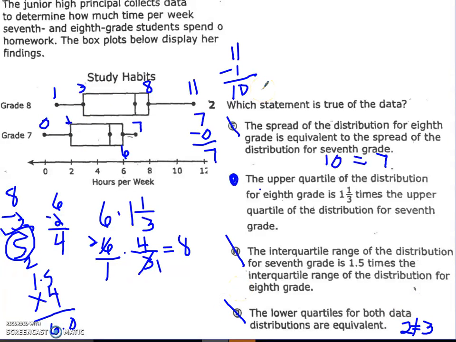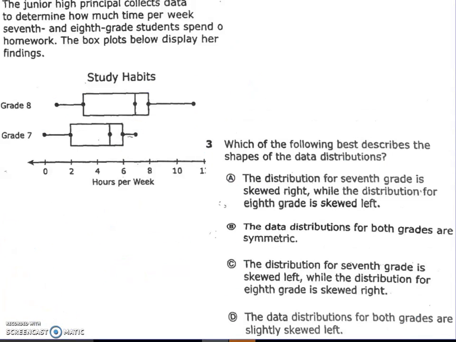Alright, last one. Which of the following best describes the shapes of the data distribution? The distribution for 7th grade is skewed right. No, if anything, maybe skewed left. The data distributions for both grades are symmetric.